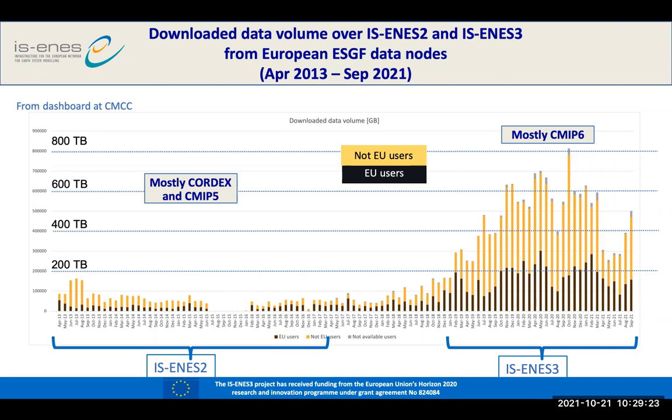EasyNess 3 is mostly constrained by CMIP6. EasyNess 2 was CMIP5, but also what we call CORDEX, which are regional simulations performed based on the global simulations, but on limited area regions.